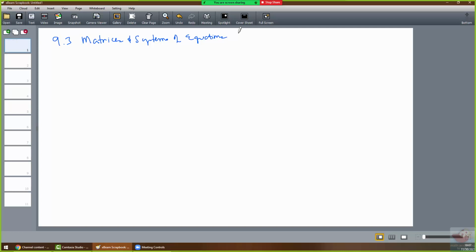In 9.3, you're going to do the same thing, but instead of in terms of equations, we convert it into what's called an augmented matrix. So we just have to learn the process, and it's basically the elimination method yet again.